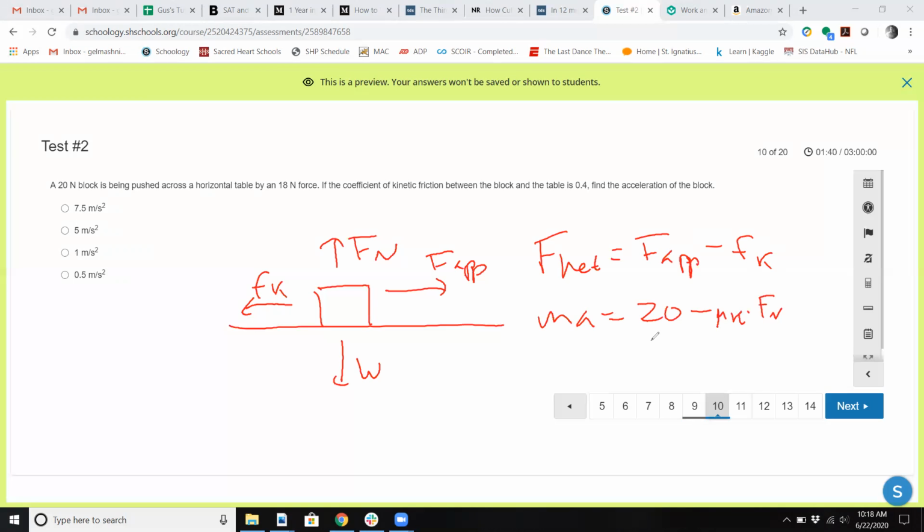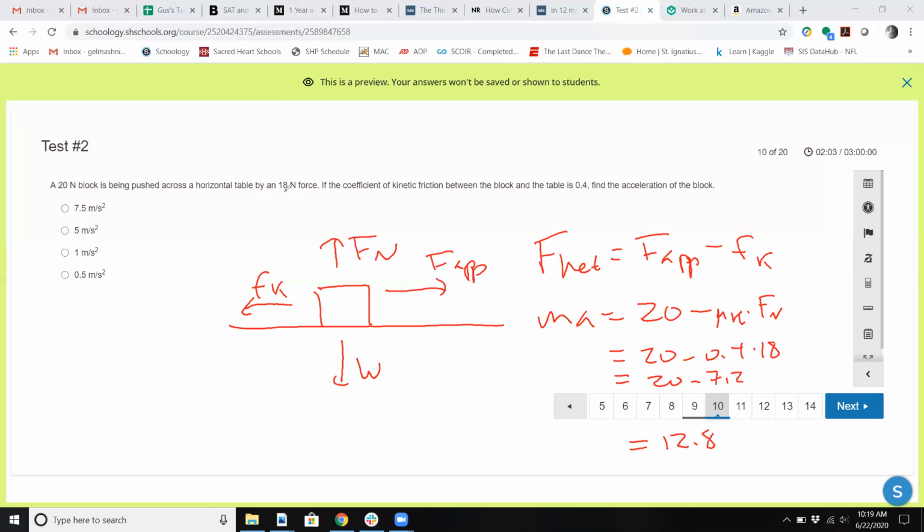Well, my normal force is 18. My coefficient is 0.4. And my m, I don't know my m yet, actually. So we'll come back to that in a second. So it's 20 minus 7.2, so you should get 12.8. Okay.